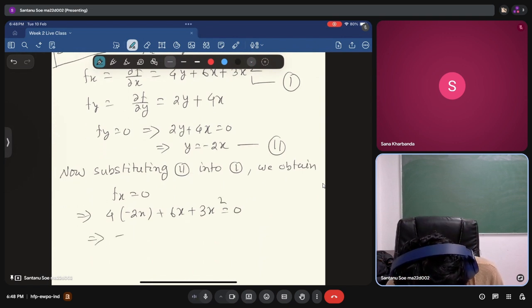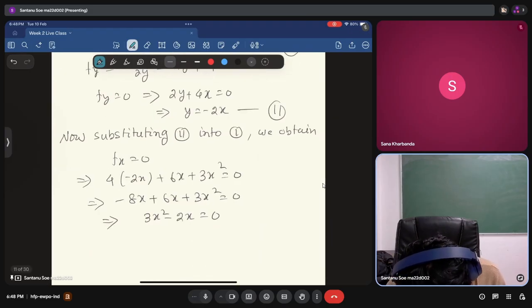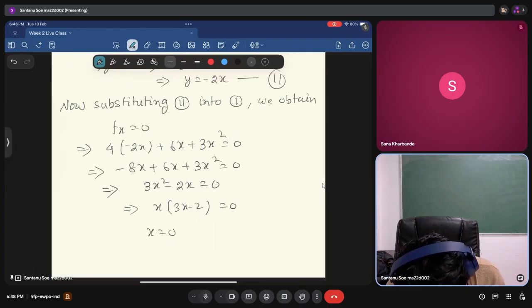So this will imply minus 8x plus 6x plus 3x square equals to 0, and this will imply that 3x square minus 2x is 0. So the solutions are x into 3x minus 2. So either x is 0 or 3x minus 2 is 0, and this will imply x is 2 by 3.